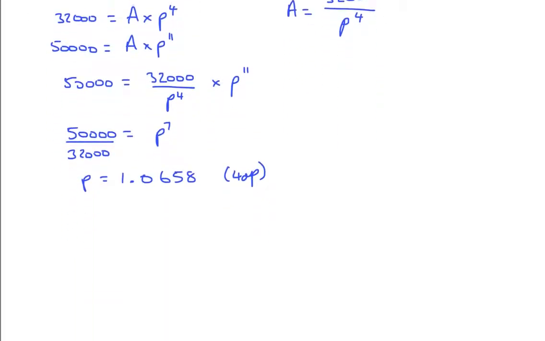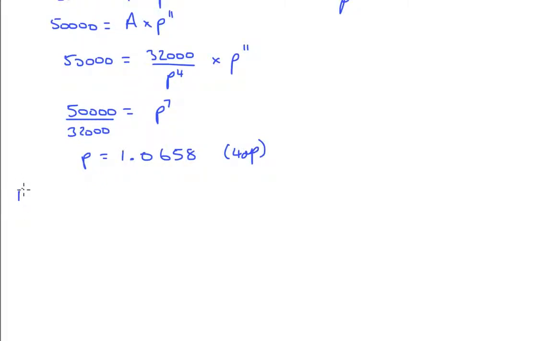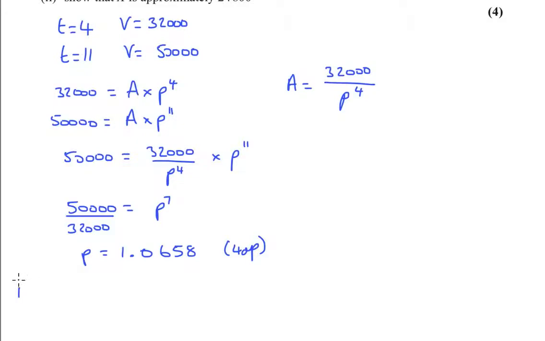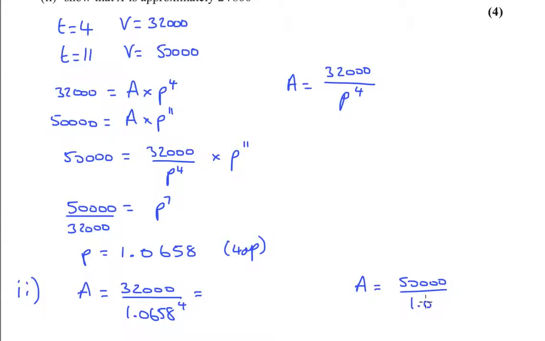So let me show you what I mean. This is for part 2. We've got that A is equal to 32,000 over 1.0658 to the power of 4, and we also have that A is equal to 50,000 over 1.0658 to the power of 11.